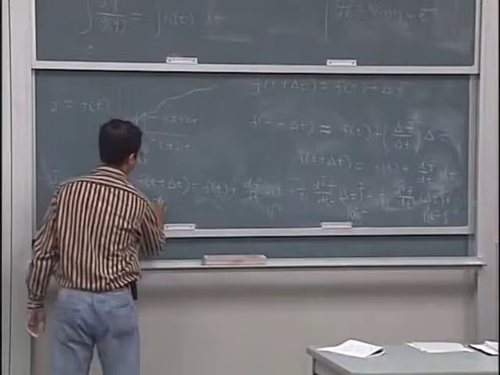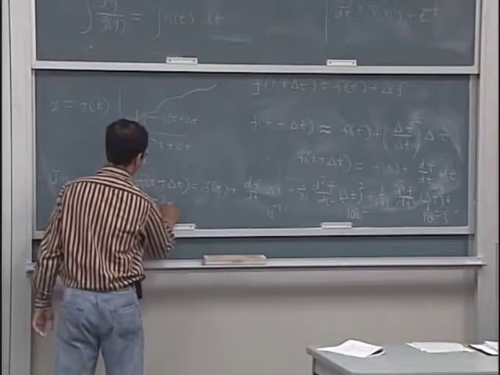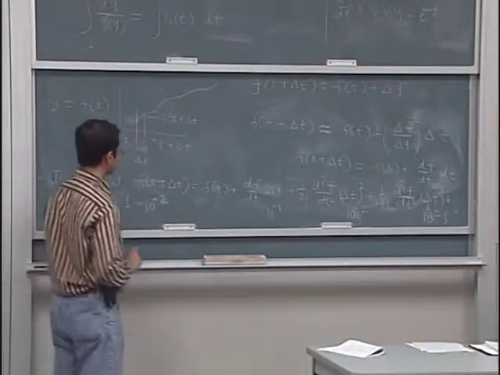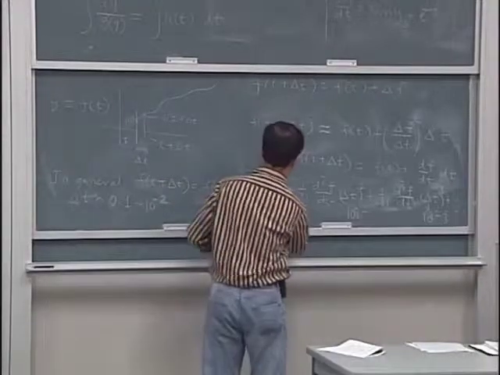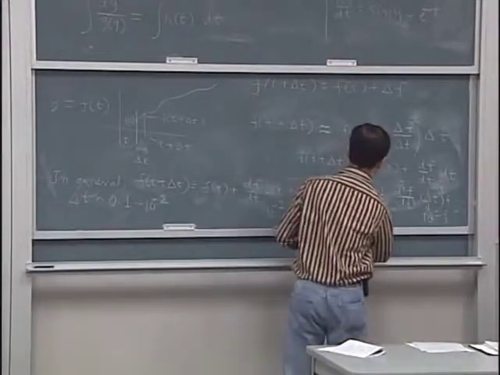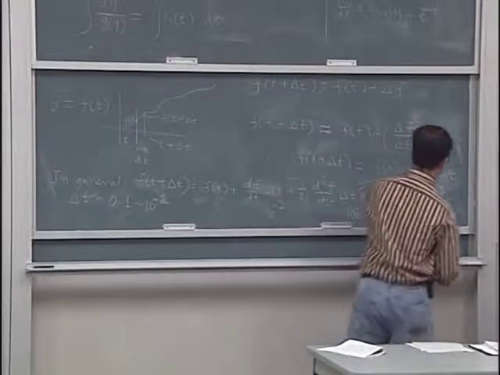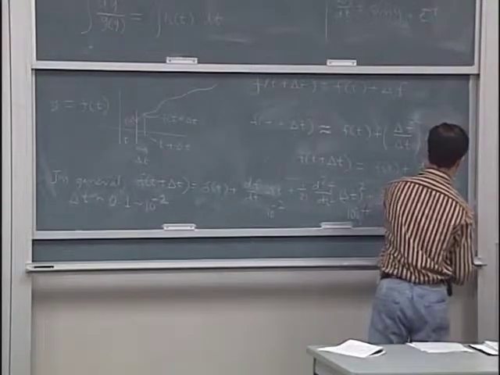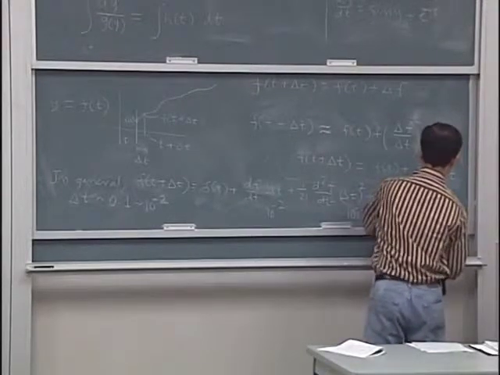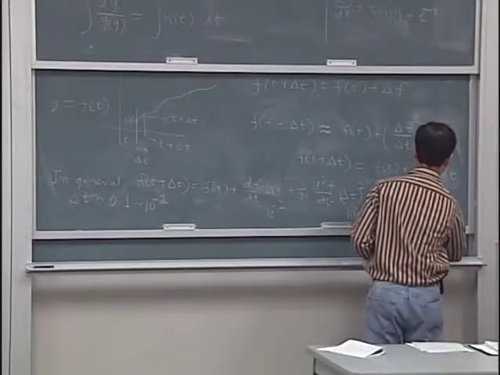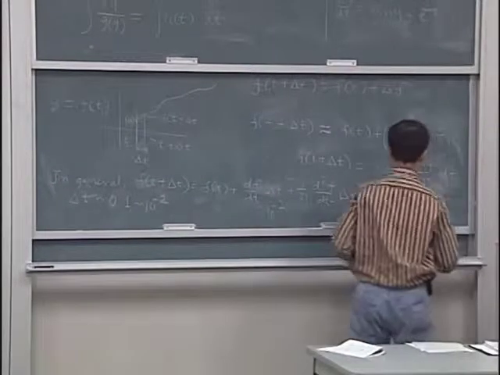Now, if you make delta t even smaller, like delta t is 10 to the minus 2, this is 10 to the minus 2, this is 10 to the power minus 4, this is 10 to the power minus 6.